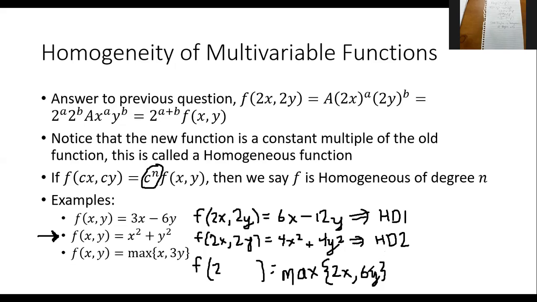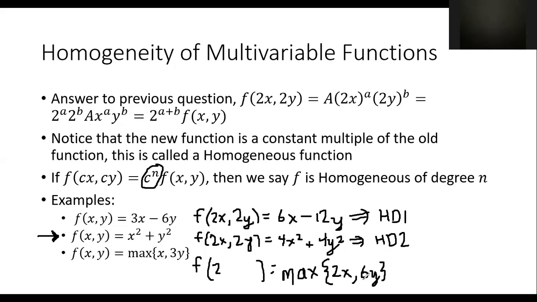This is kind of an interesting problem because I want to compare the maximum of x and 3y to the maximum of 2x and 6y. And what is the relationship there? Is one bigger than the other? And if so, by how much?